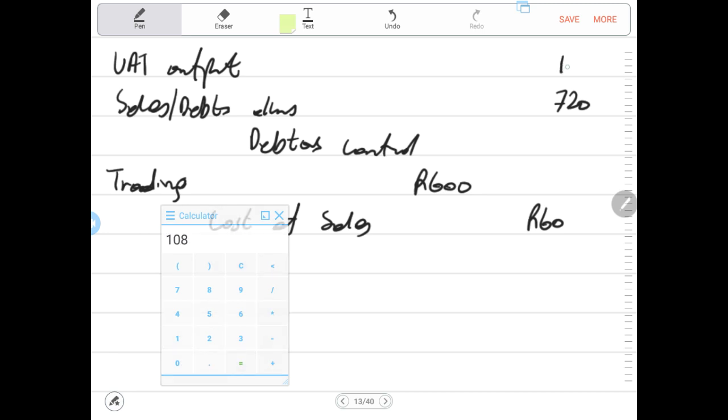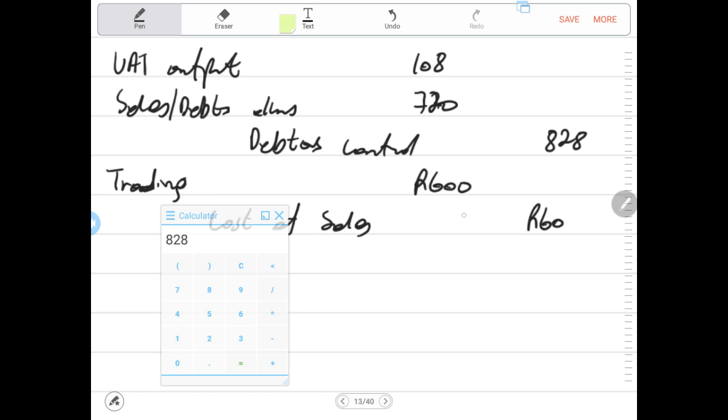VAT is 108. Selling price is 720 on the debit side. The output VAT that is a return, it is 108. 720 plus 108 gives us the amount of the debtor as 828.